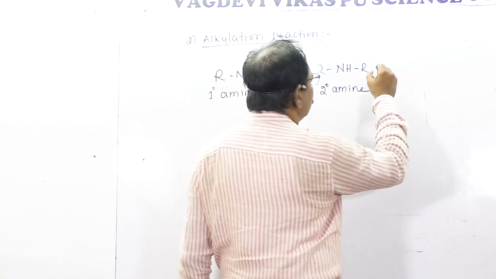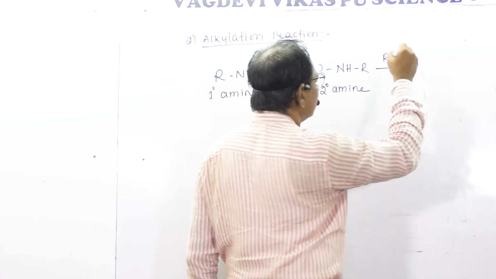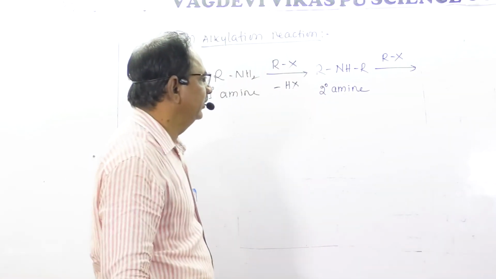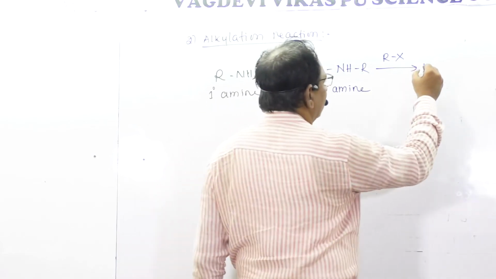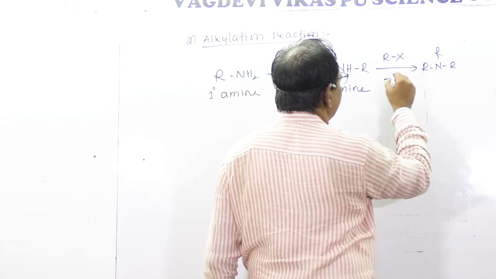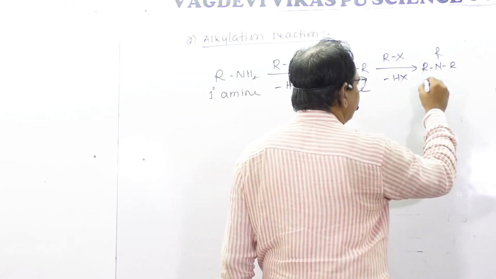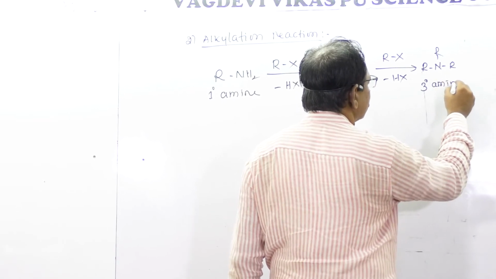Then again, this undergoes substitution with another alkyl halide, giving R3N minus again HX. This is an example of a tertiary amine.